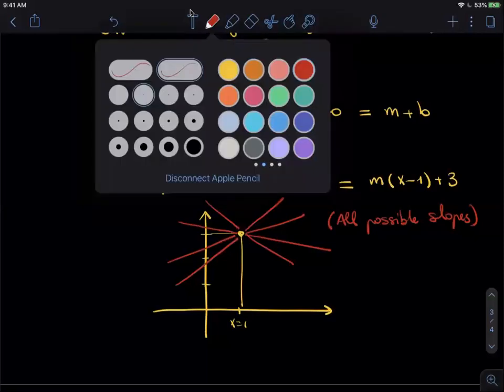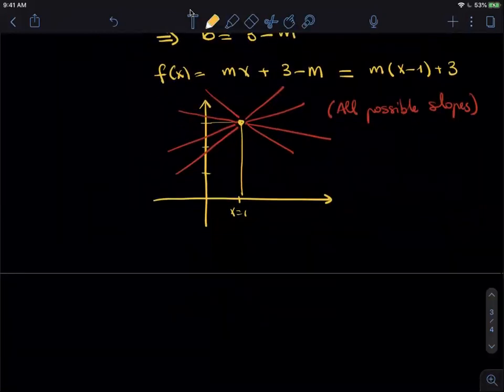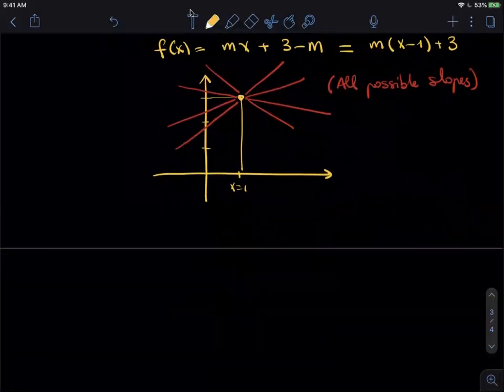So that's the reason why we have a family that depends on one parameter. Notice there, m is playing the role of the slope. For each m, you get a different slope, you get a different line. Linear functions are lines. So this is the easiest type of polynomial.